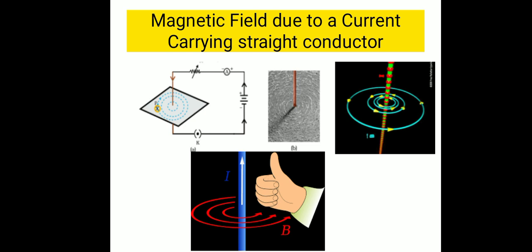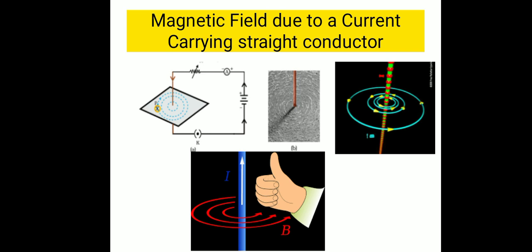For this, take a thick straight conductor and pass it through the center O of a thick cardboard. Now connect the two ends of the conductor to the terminals of a battery through a rheostat, ammeter and a plug key as shown in the figure, so that the current flows through the conductor.